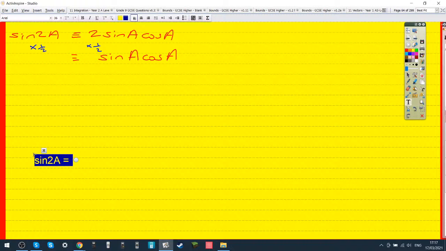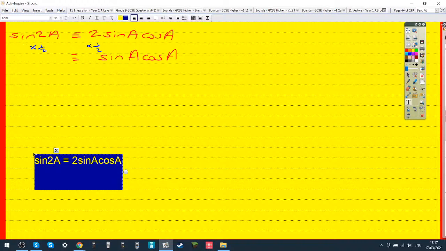So what's on the left? Just A. Where did the sine go? Do we just keep it? Sine A?